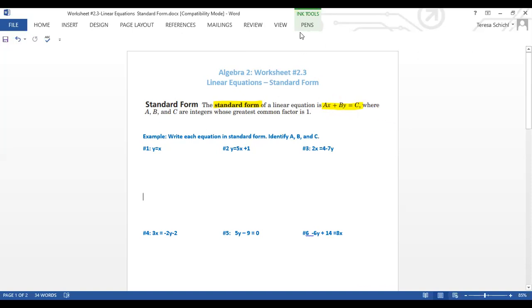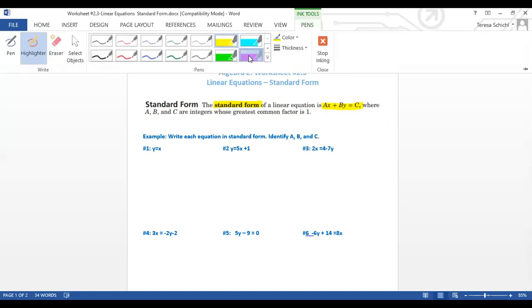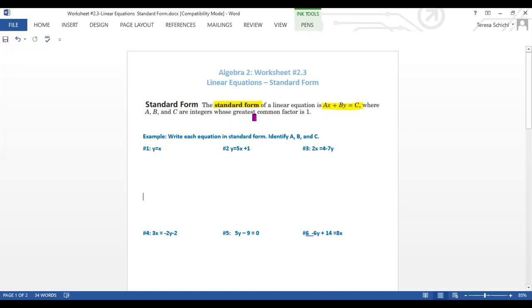The key point is that a, b, and c, those constants in front of the variables, have to be integers. You cannot have fractions in the standard form. If you have fractions, you need to change them to whole numbers. That's the first thing about the standard form: they all have to be integers.